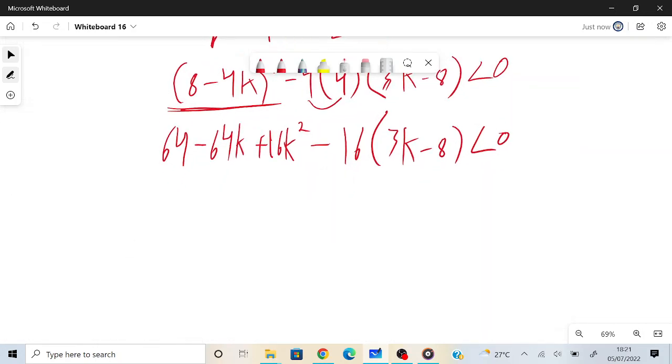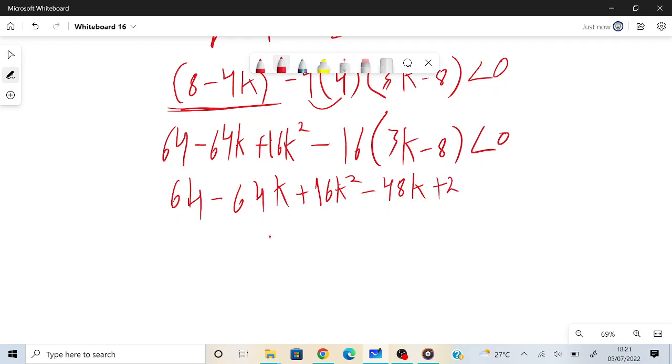So writing our next piece of information, we now have 64 minus 64k plus 16k squared minus 16 times 3, that's minus 48k, and minus 16 times minus 8, I think that is plus 128. Remember, two minuses make a positive, because minus is the most dangerous sign in math.